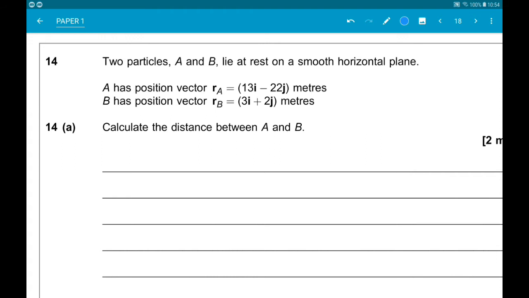Part A, calculate the distance between A and B. Okay, so the distance between two points in terms of vectors is the magnitude of the vector A to B. So our job is to find the magnitude of A to B.